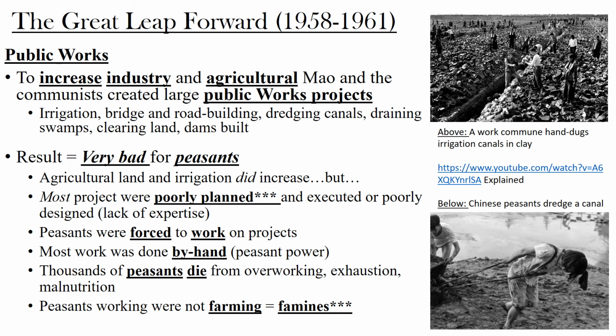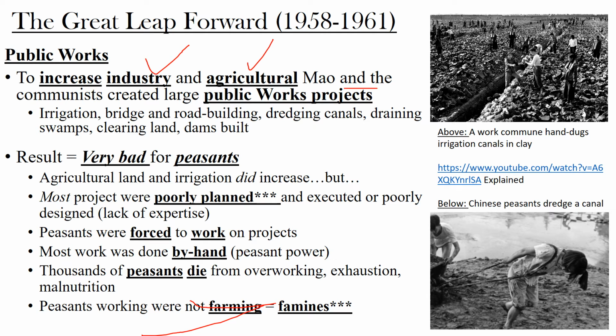Public works projects. As part of the Great Leap Forward, Mao Zedong envisioned all these public works or infrastructure projects that were going to increase industry and increase agricultural productivity.